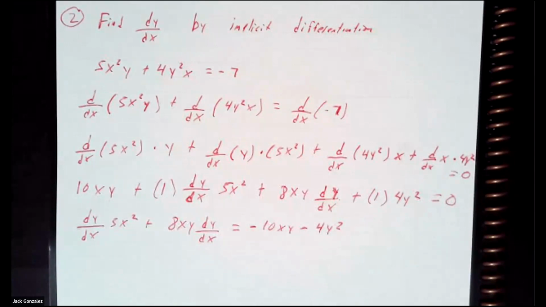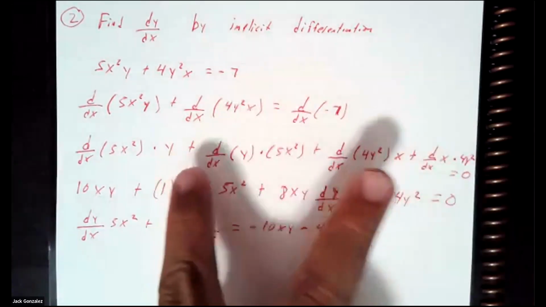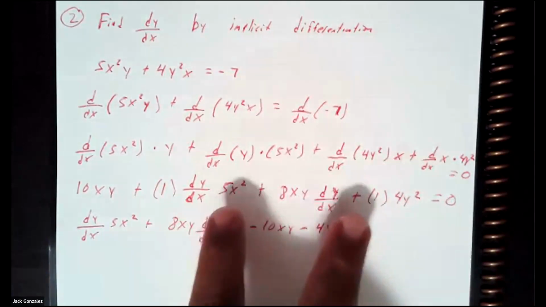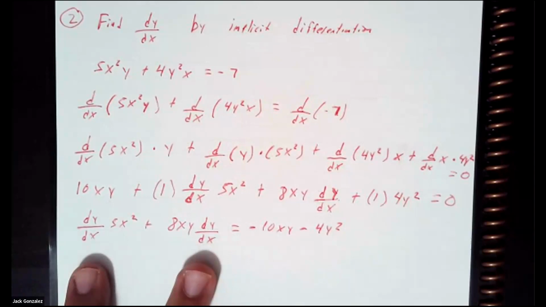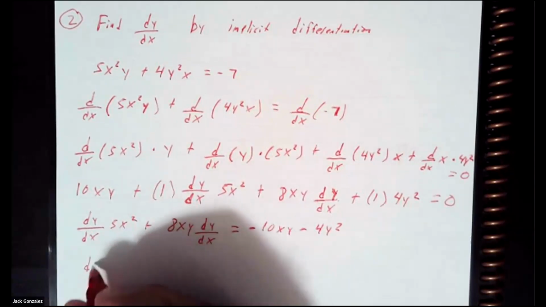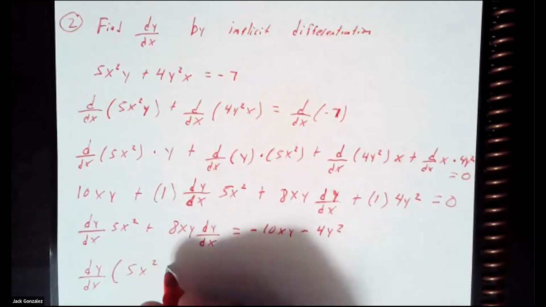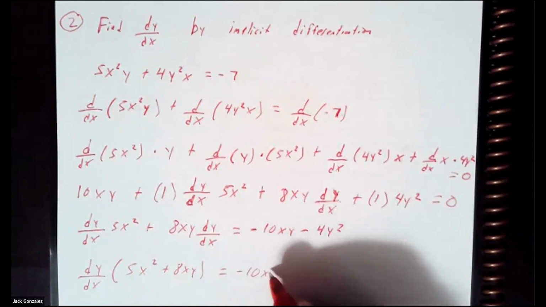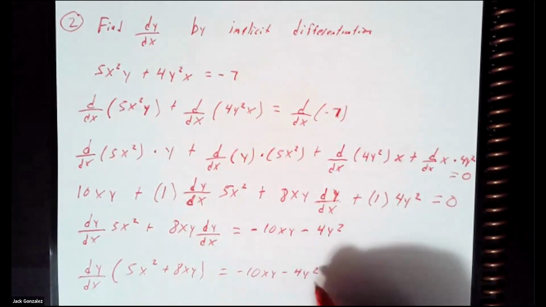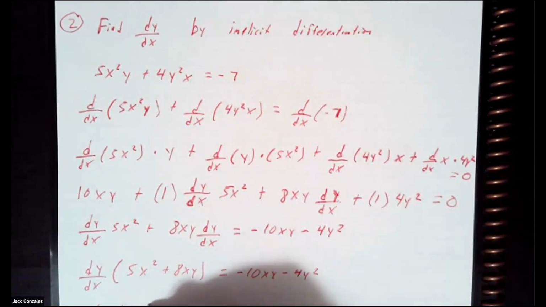Okay, let me know. So we did the implicit derivative. We had to do two product rules, and then we moved everything that wasn't dy/dx to the right-hand side. So now factor. We'll have 5x squared plus 8xy. Divide both sides by this, and we're done.